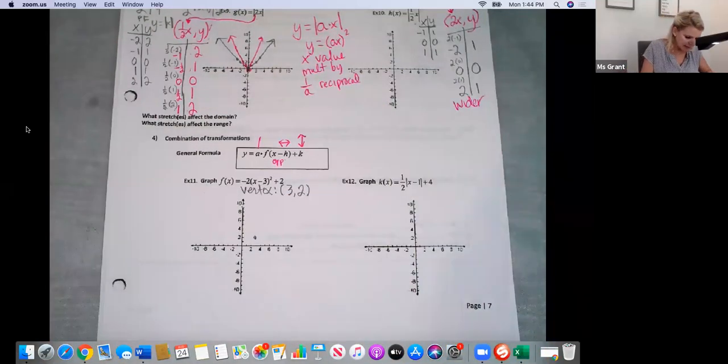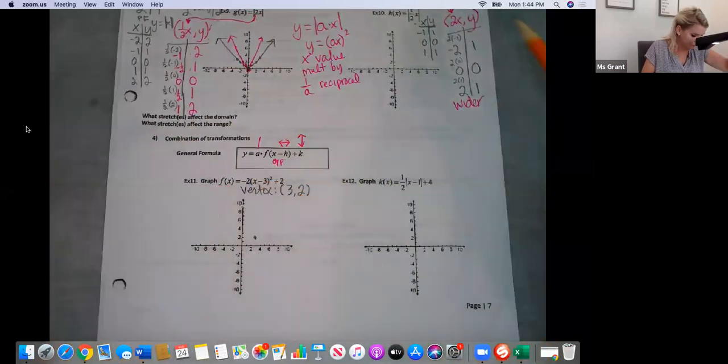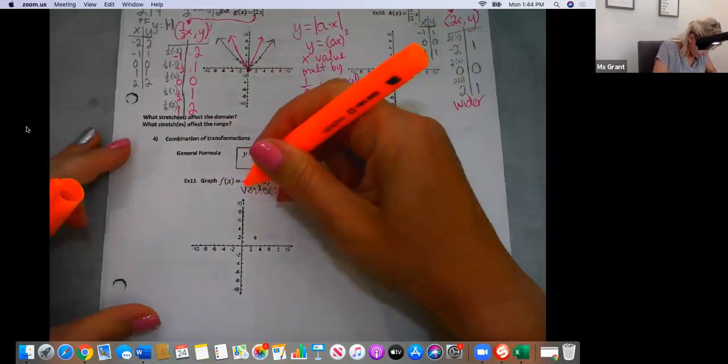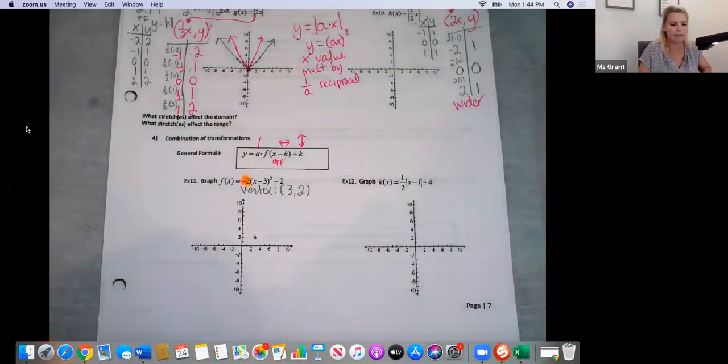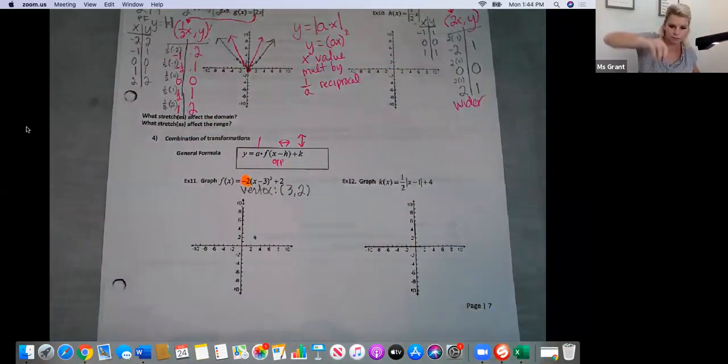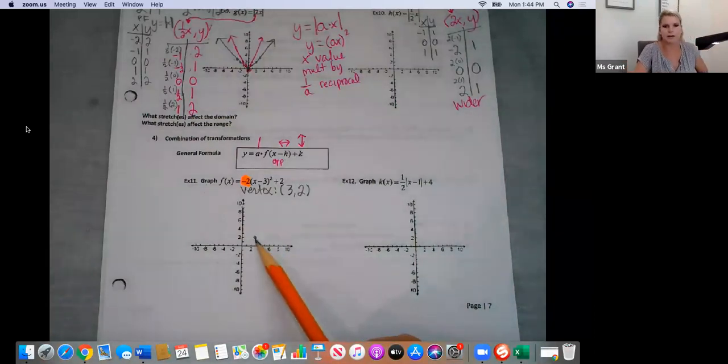Something's going on with this A. Check that out. It's a negative. Downward. Okay. So that means that I'm going to base everything off here.